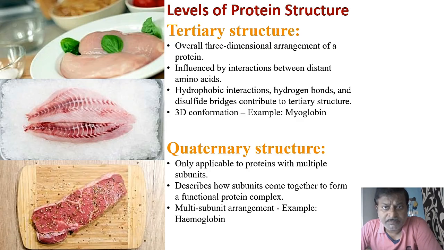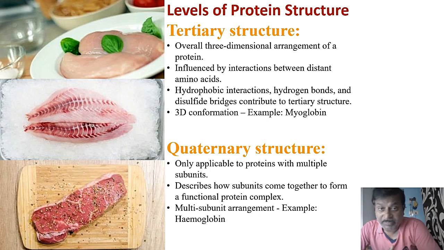And the third level of protein structure is the tertiary structure of the protein. Here you see that tertiary structure gives a three-dimensional structural view of any protein in nature. So the overall three-dimensional arrangement of a protein with amino acid sequences is called the tertiary structure of the protein. It is influenced by interactions between distant amino acids.